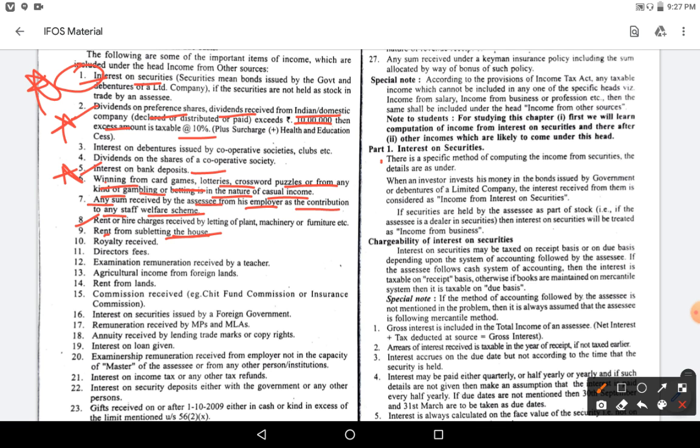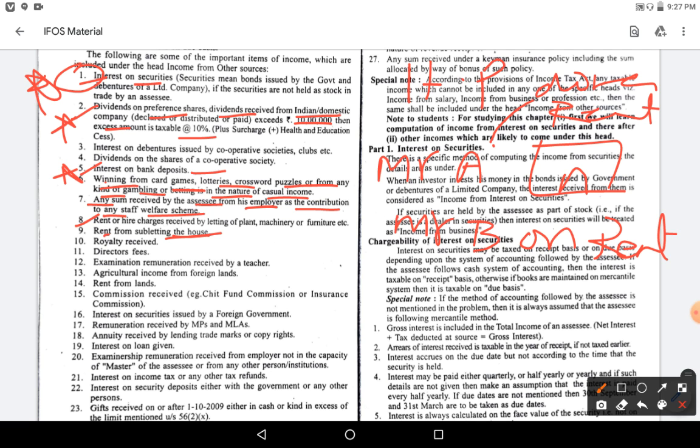Suppose Mr. A has a house property and has given it to Mr. B on rent. What are the conditions for the income to be taxable under the head house property? The assessee should be the owner and should receive rent.